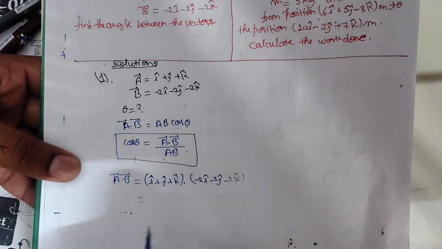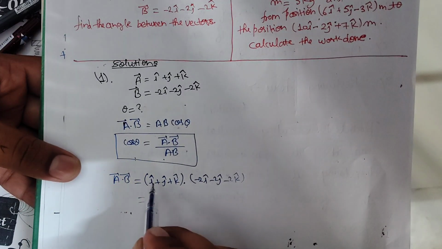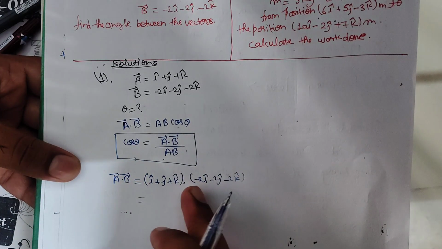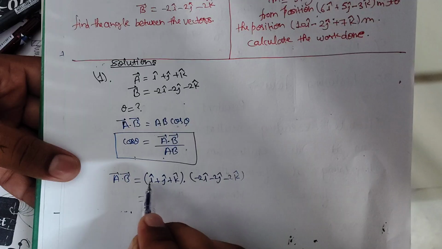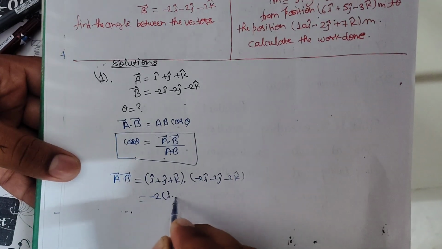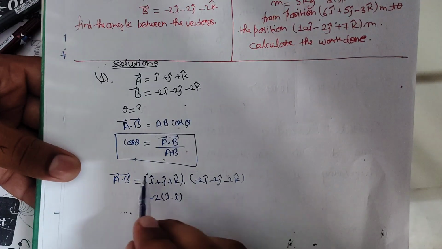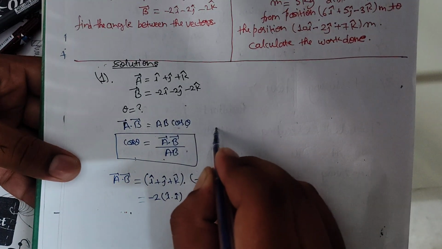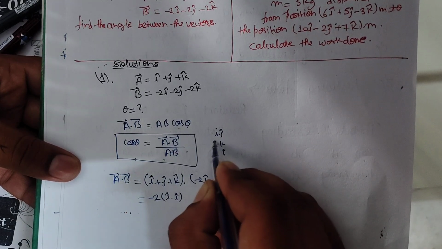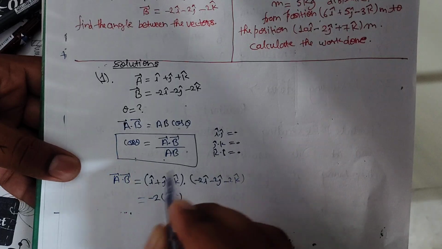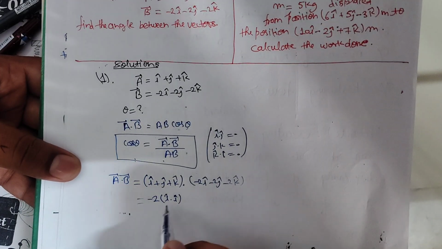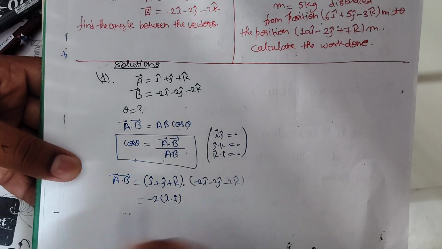Whenever we multiply, we have to see i dot i, j dot j, k dot k. In the previous lecture I told you that i dot j, j dot k and k dot i are all 0, and i dot i is going to be 1. So we will take only the product of the same unit vectors.